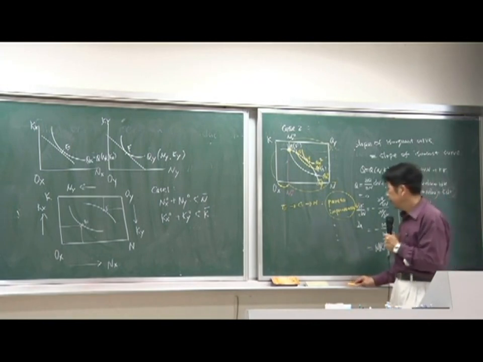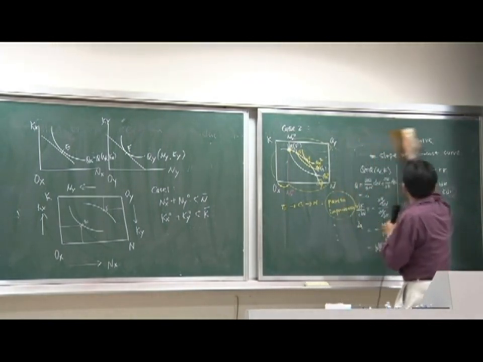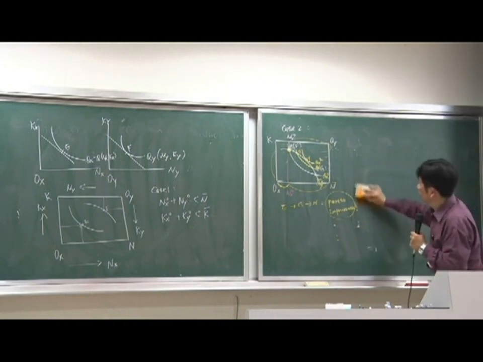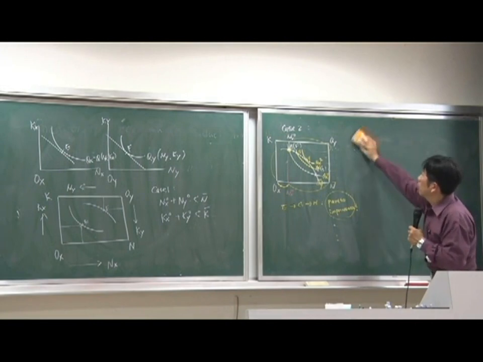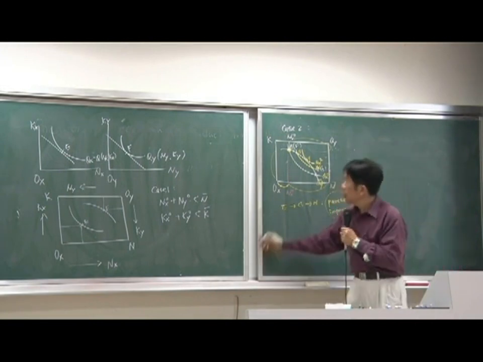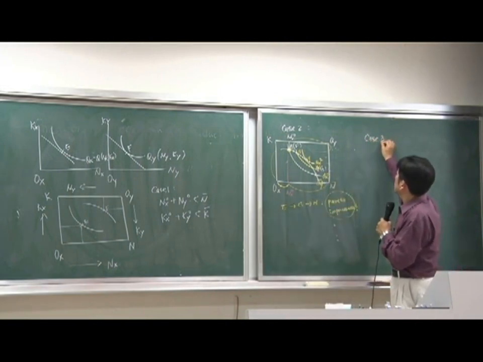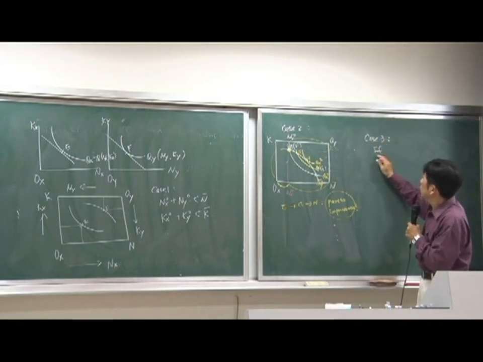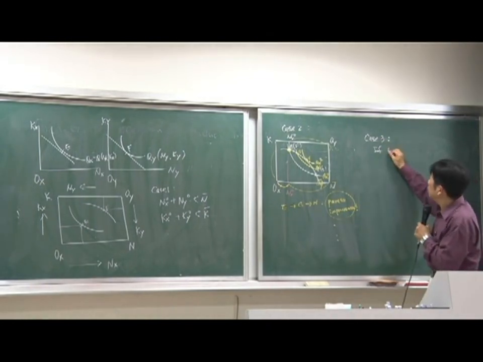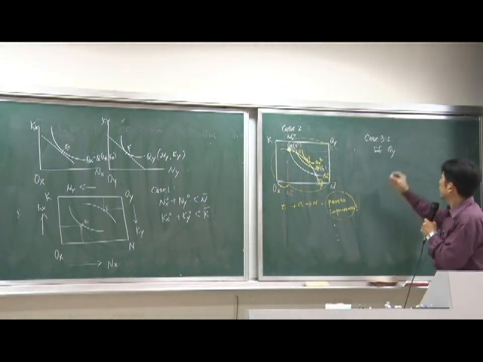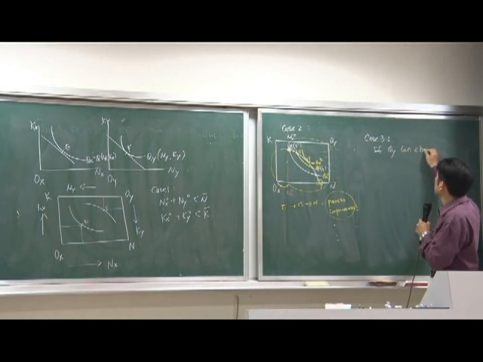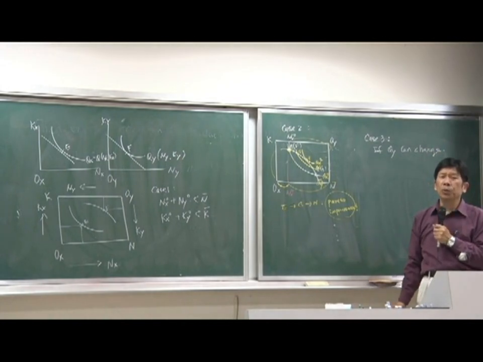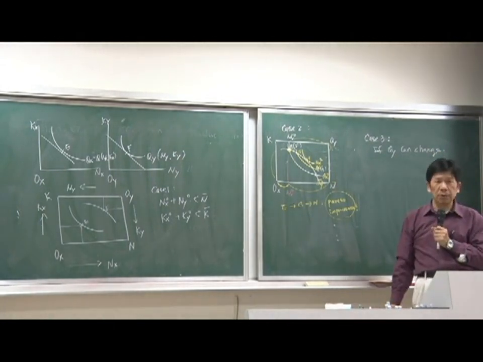So this is what we call Pareto improvement. And case 3. Case 3 means that QY can change, not only QX.